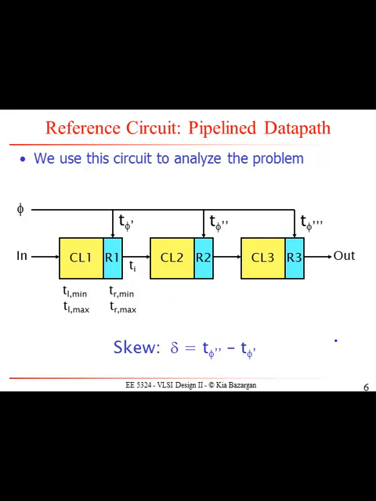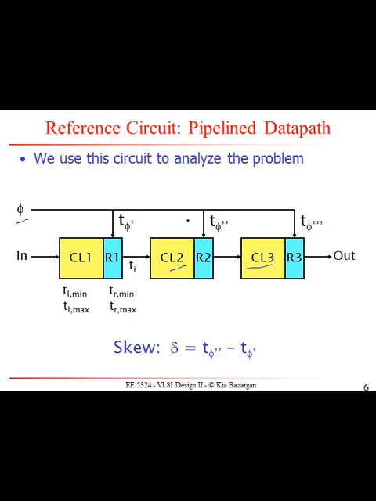Now, in terms of the actual implementation, as I said, if you have a bunch of combinational logic, as is shown on this slide, combinational logic 1, 2, and 3, each with a register at the end, then you would assume that a clock phi is going to come in, and you assume that T phi prime, T phi double prime, T phi triple prime are all happening at exactly the same time.